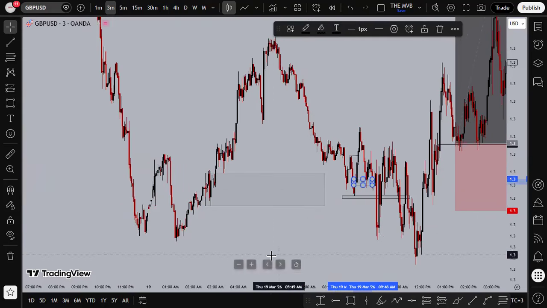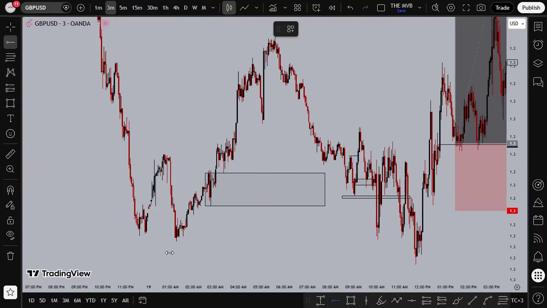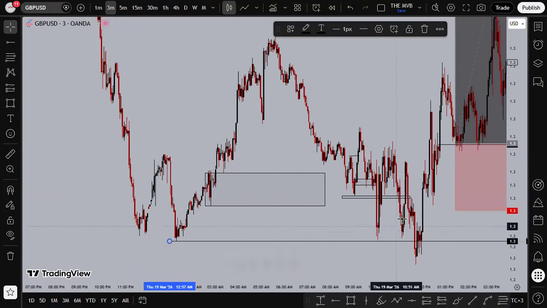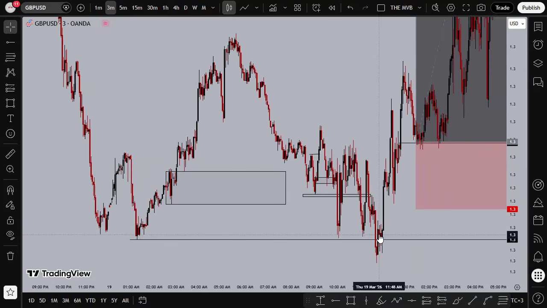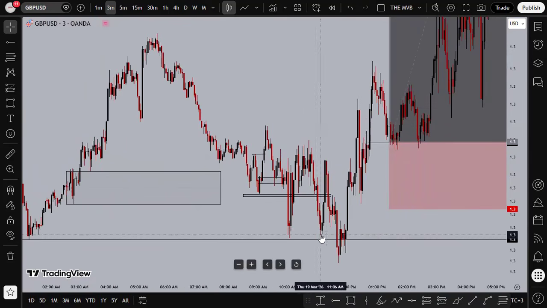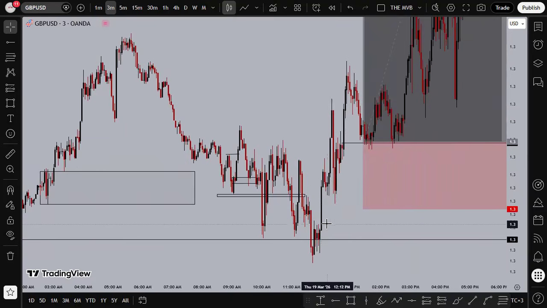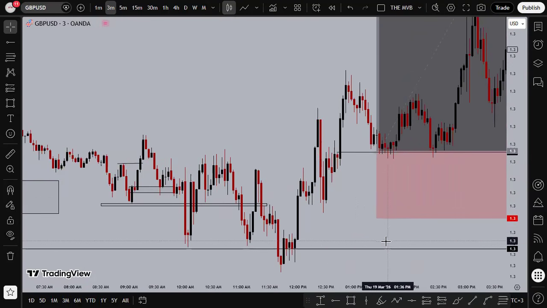But I waited again. If you go to the higher time frame, you'll see here the market swiped that week-to-week break. And then I said, okay, this is an opportunity for me to enter again for buy trades.